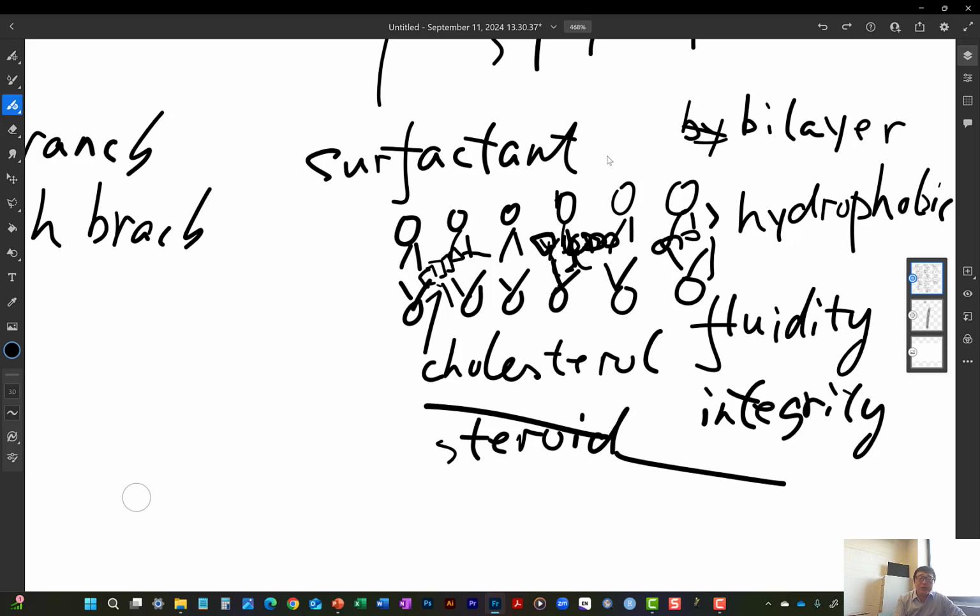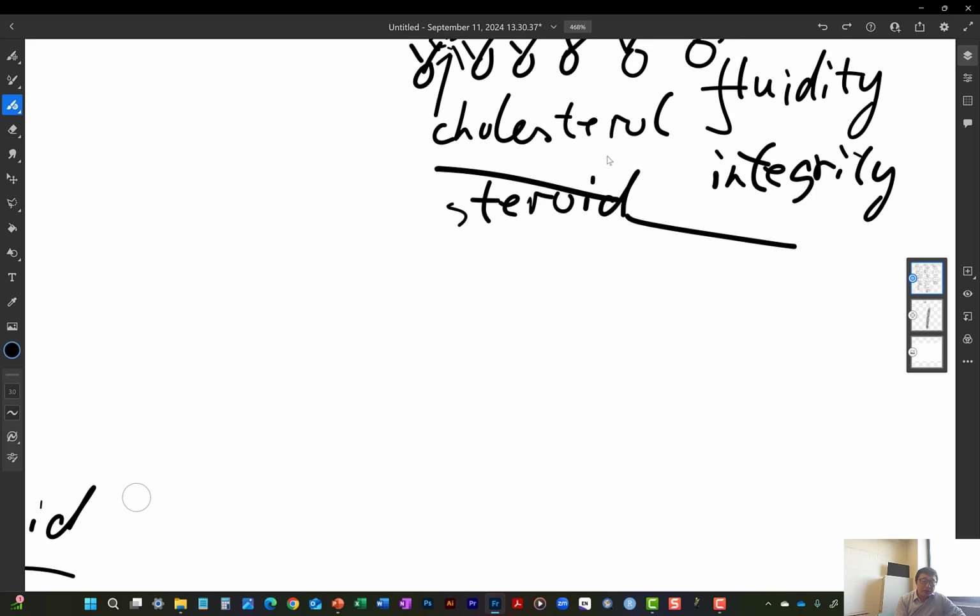It has many different functions, and also cholesterol is the progenitor, which means from cholesterol we can make other molecules.